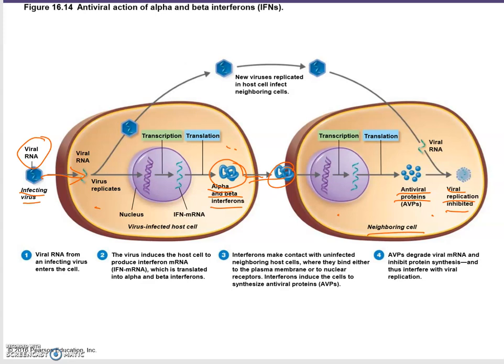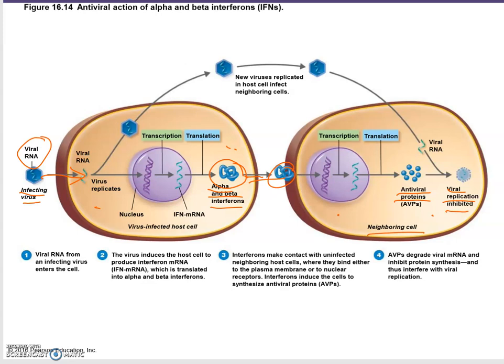Now this one cannot be saved. So people thought if we can just have alpha and beta interferons available as a medicine, then we should be able to cure all viral diseases. It turns out we can use biotechnology to make alpha and beta interferons, but for some reason it just doesn't work the same way as when your body releases them to neighboring cells.